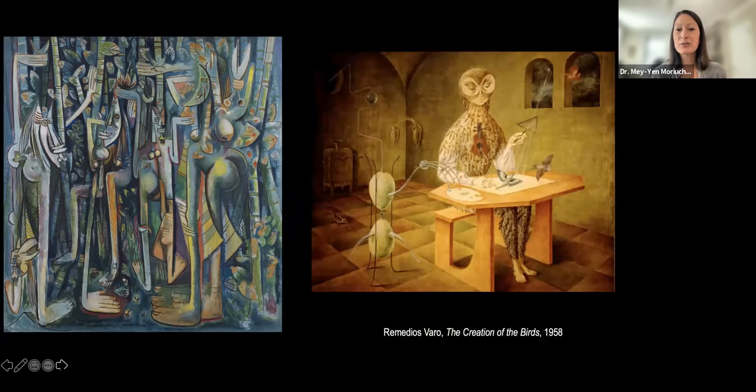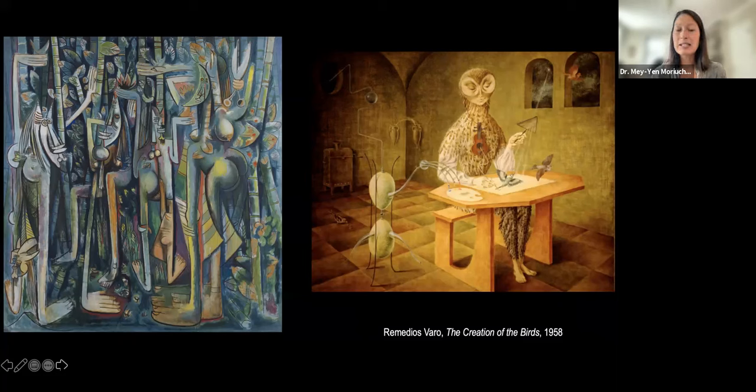Quickly, I'll just show you this comparison. Again, during this unit, we'll look at many surrealist artists from Latin America. One of them might be Remedios Varo, who was a Spanish artist who settles in Mexico. And here, again, very different stylistically, we have illusionistic surrealism at its finest with Varo versus the abstraction of Lam.